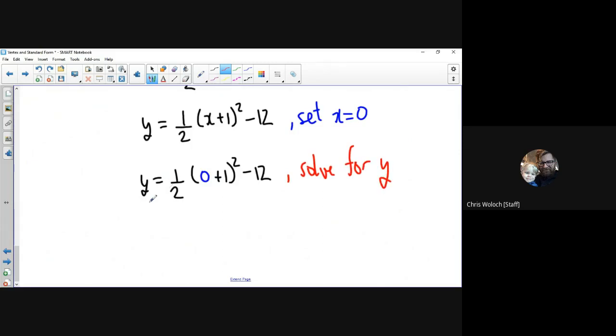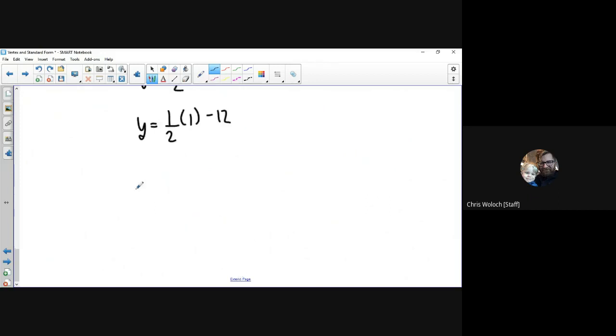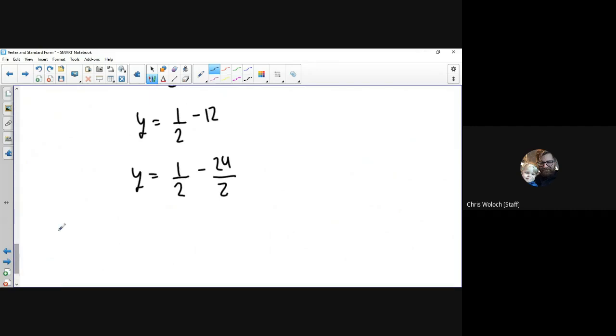And this should be pretty easy. We're going to have 1/2. Well, 0 plus 1 is 1. What's 1 squared? Well, 1 squared is just 1. So then I have y equals 1/2 minus 12. And then here, I can get myself a common denominator, which is going to be 2.